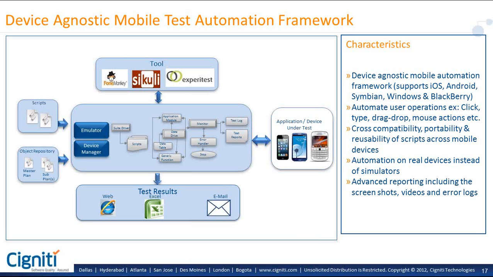Similarly, we can do custom reporting, and we can generate multiple formats of test results. You can generate reports in HTML format or in Excel format, or you can put your results into a database, to verify which test cases passed in earlier versions and which test cases passed in the latest release.